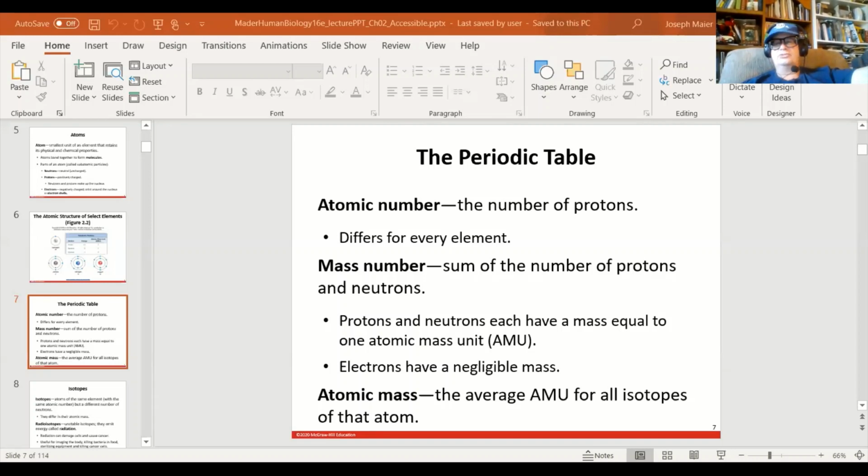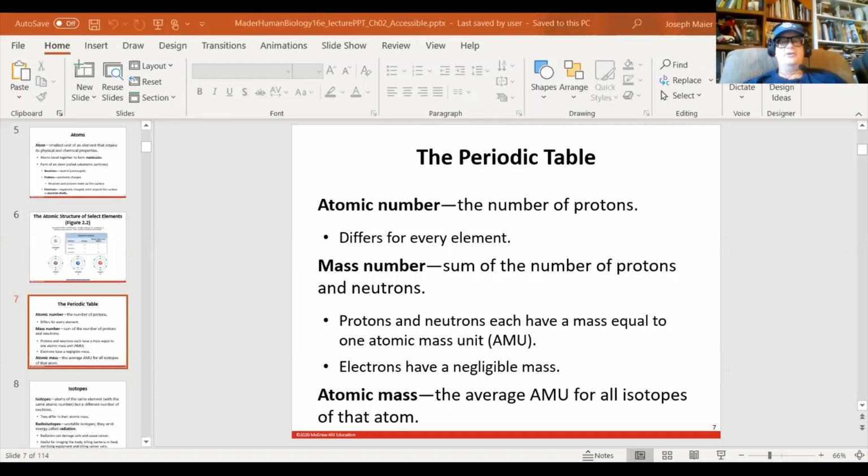Are there other forms? Sure. There's an iron 54 that makes up less than 6% of the iron we see. There's an iron 57 that makes up less than 2%. There's an iron 58 which makes up less than half of 1%, closer to 1/4 of 1% of iron. But you got different forms of iron, different isotopes.